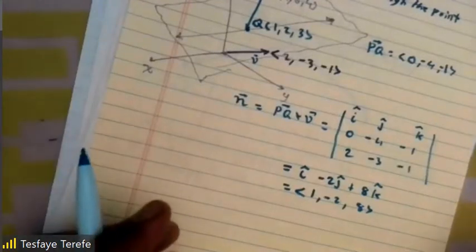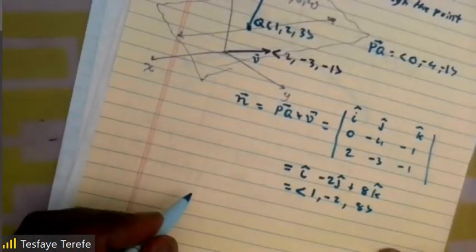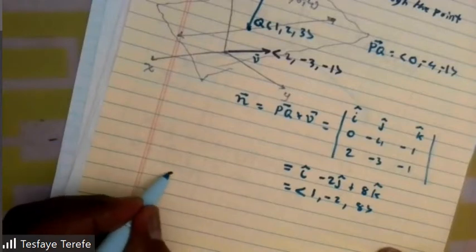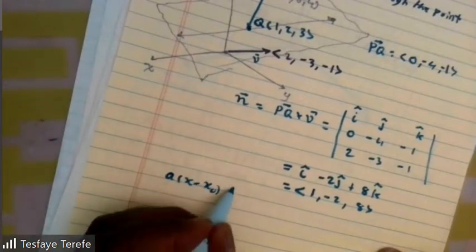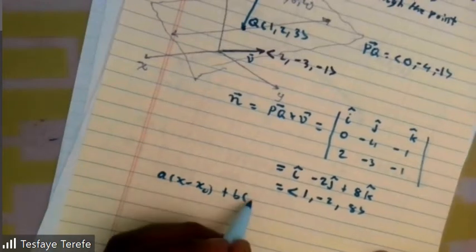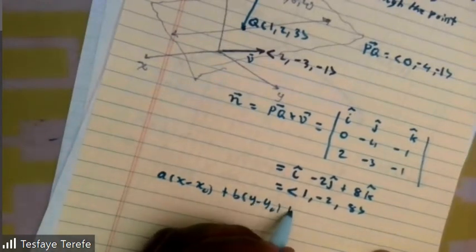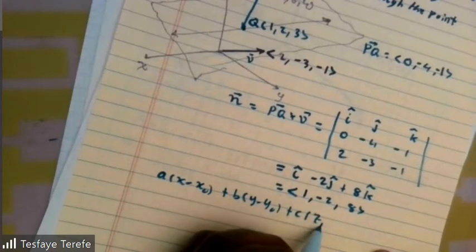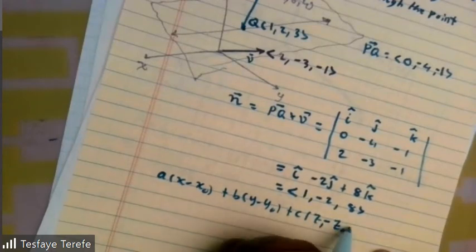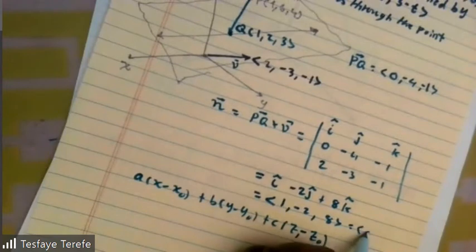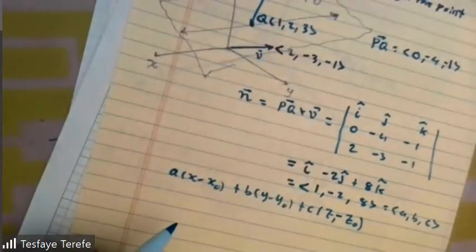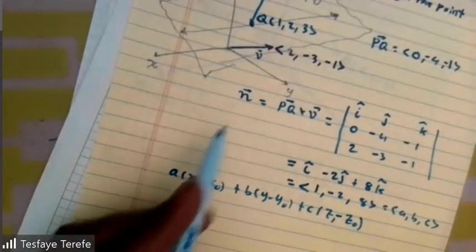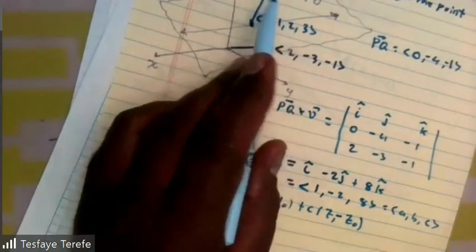Then the equation of a plane, as you know, is a into x minus x sub 0, plus b into y minus y sub 0, plus c into z minus z sub 0, where a, b, c are these. All right. And the point that we are given is this one, P.